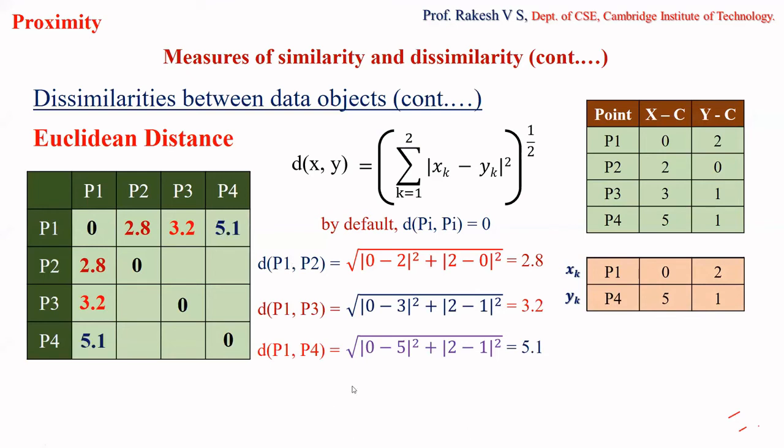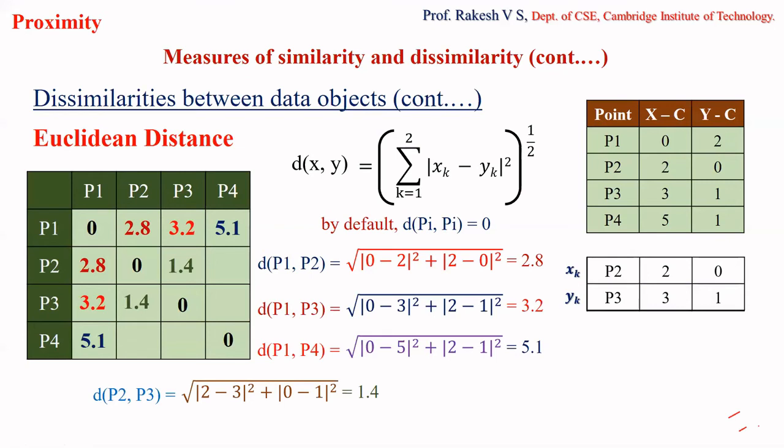Clear? The first row is done. I'm going to take the second row now. In the second row, I'm going to consider P2, P3. P2 value is 2, 0 and P3 value is 3, 1. So it is the square root of (2 minus 3) whole square plus (0 minus 1) whole square, which is equal to 1.4.